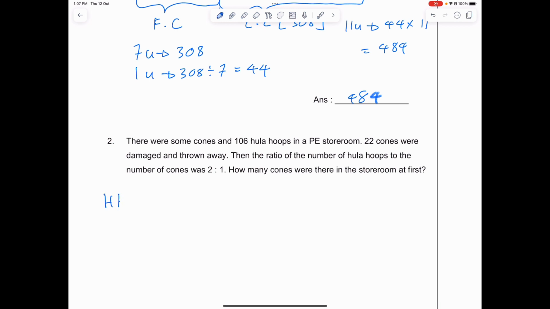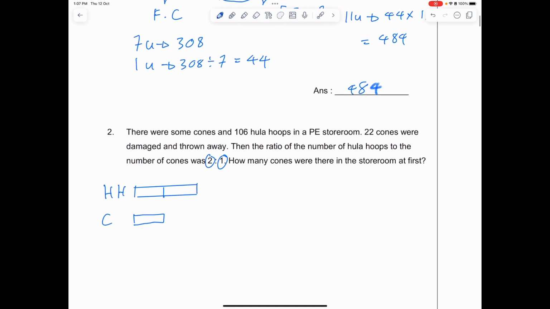Okay, so this is a ratio, so we can use a model to help us again. So hula hoops is 2 units, and then cones was actually 1 unit, right? 2:1. Now what happened over here was that prior to this, 22 cones were actually thrown away.